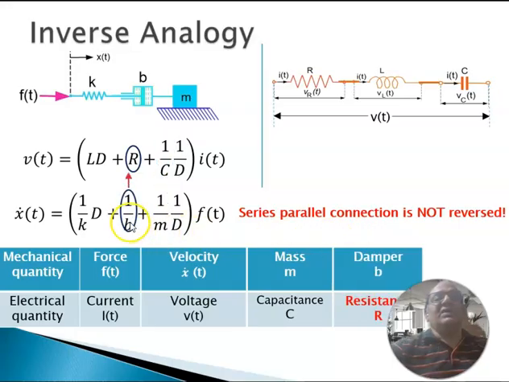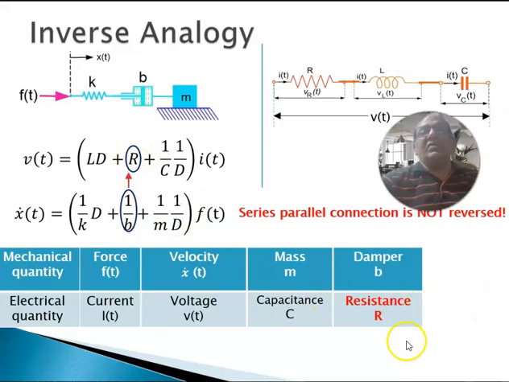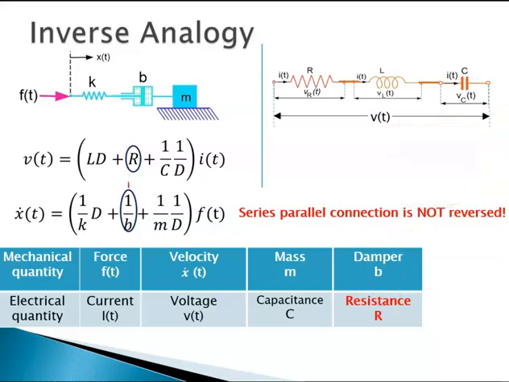Similarly, we notice that 1 over b is analogous to R. Note that we are using the red color to indicate that the analogy leads to a reciprocal. That is, 1 over b is analogous to R.